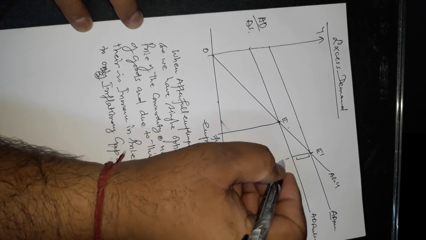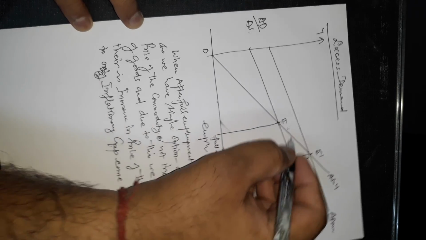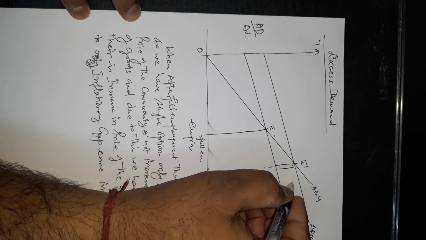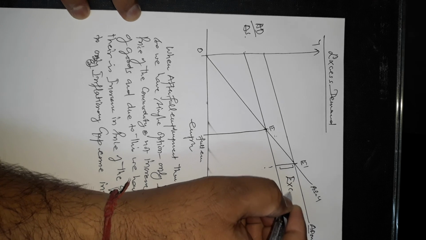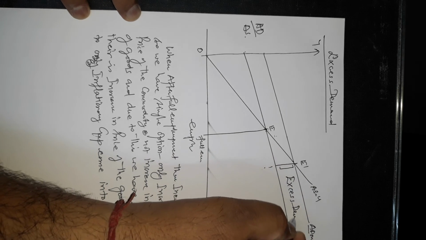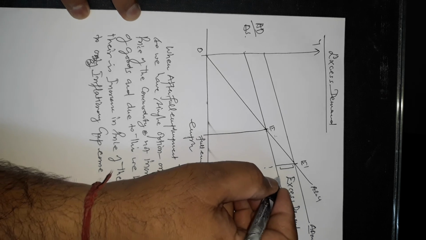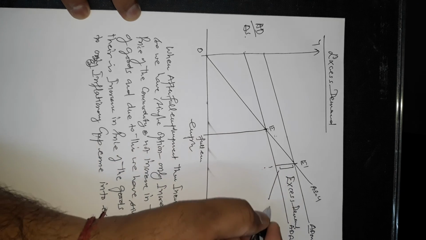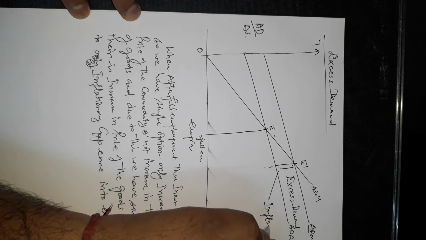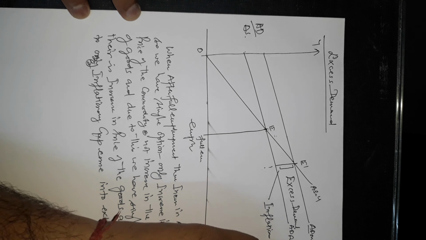So this gap is called the excess demand, and in the same diagram we define this is the inflationary gap.